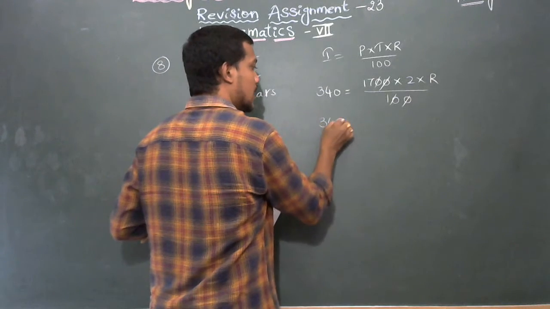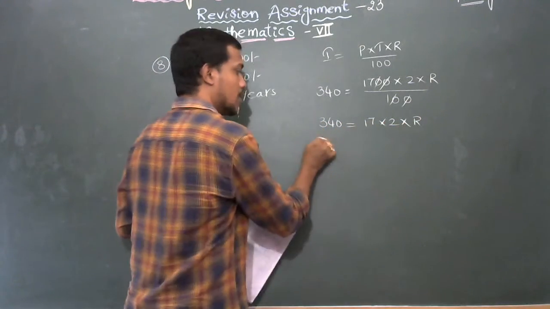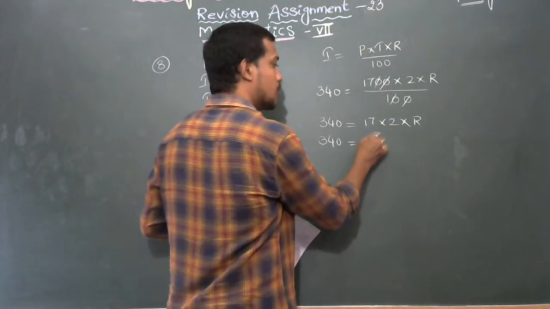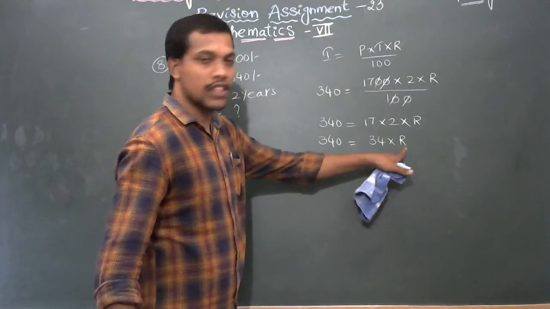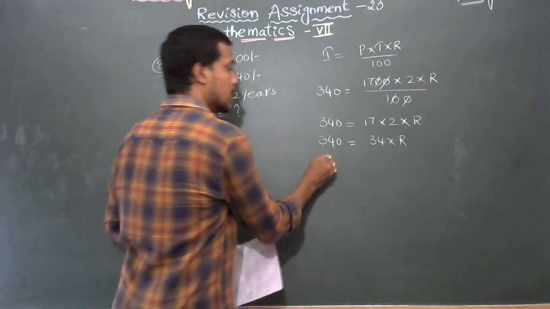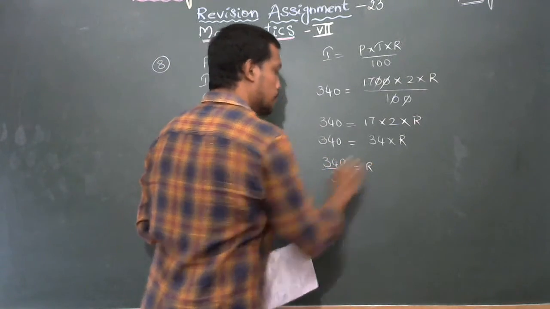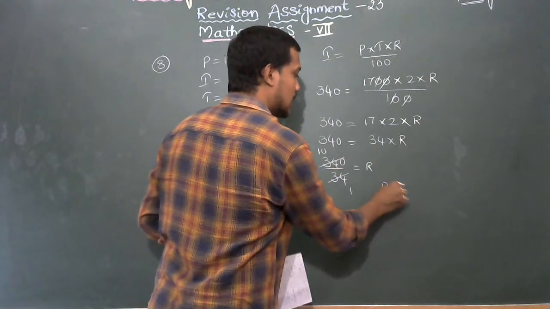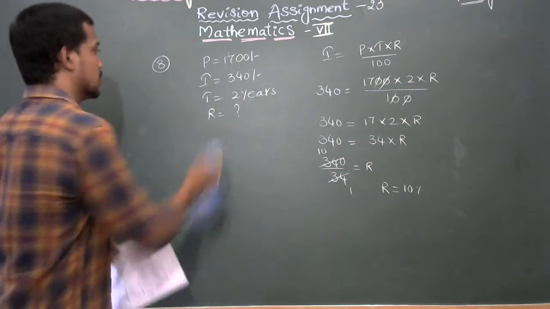So 340 equals 17 into 2 into R. 340 equals 34 into R. Here 34 is multiplying with R. If you bring it to the LHS, that is divisible. So 340 by 34 equals R. 34 tens are 340. So the rate of interest is 10%. Therefore R is 10%.